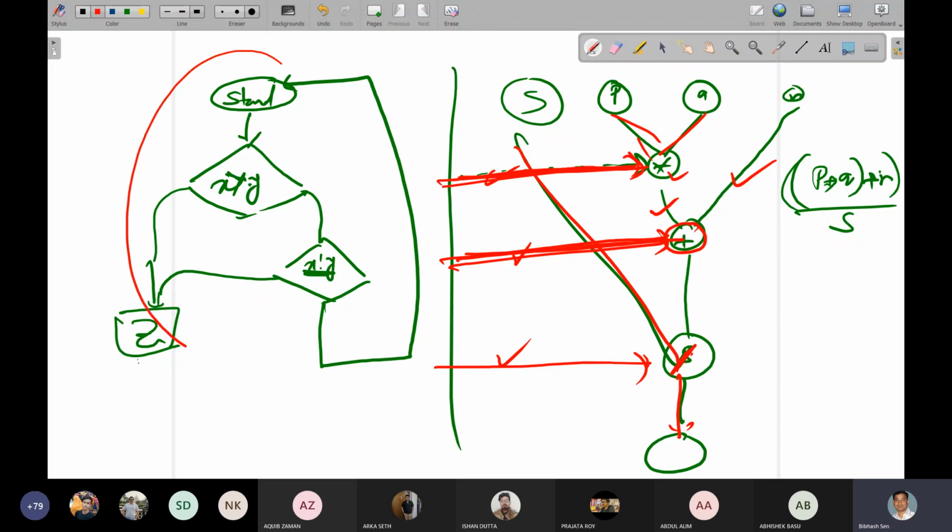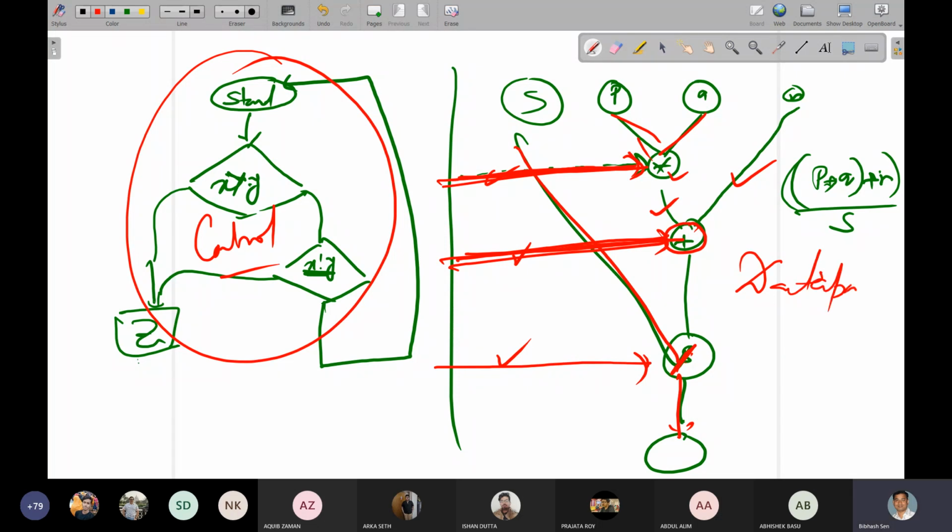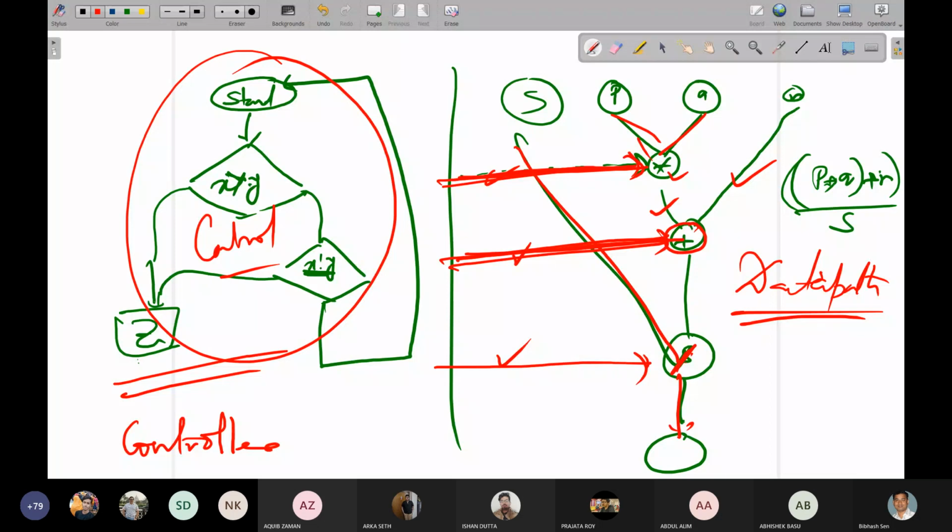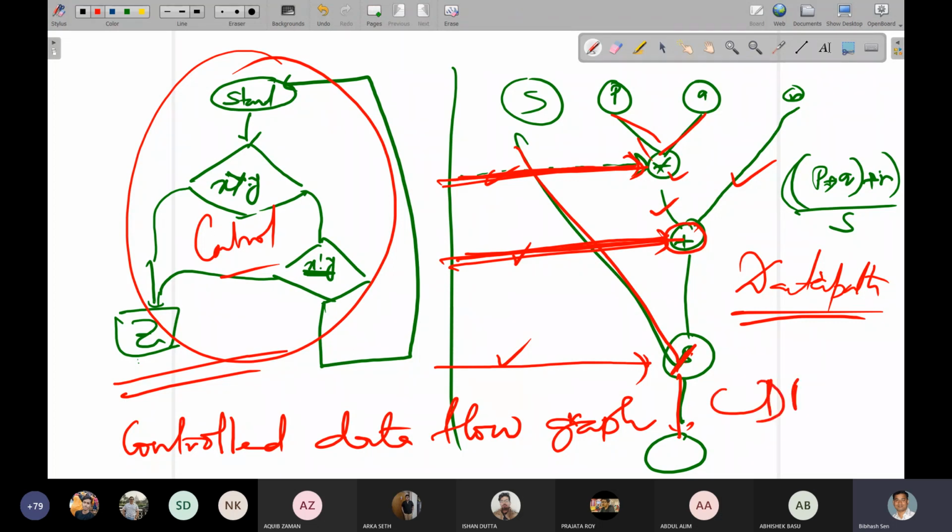So if this is my control part, this is my control path, and this is my data path. In software designing you have to do all these things simultaneously. So what I have actually found is the controlled data flow graph, very important in case of our embedded system.